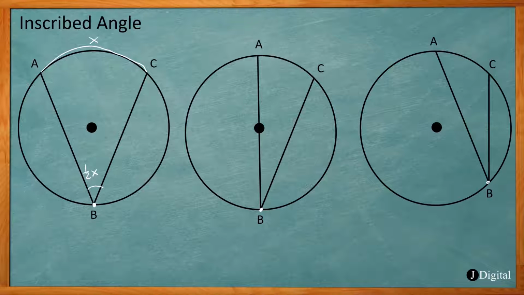Even in the second one here, the measure of this arc is x, and the measure of the inscribed angle will be 1/2 of x. And in this third example, if the measure of arc AC is x, the measure of the inscribed angle will be 1/2 x. So that's an inscribed angle, where the vertex is on the circle itself.